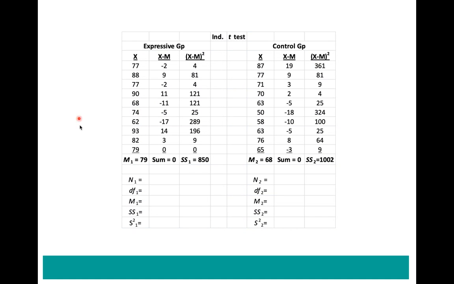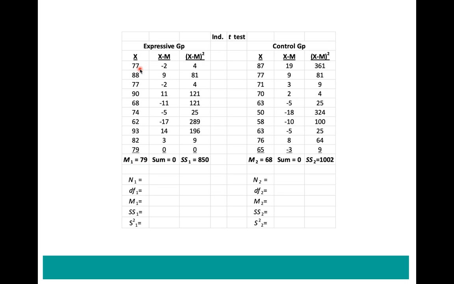Our next steps, and I've just gone ahead and done the math out so that we can take a look at it, are to do a sum of squares table for each group: one for expressive writers, one for the control group. Remember, in a sum of squares table, we find the mean, and then we take each value, each x, and subtract it from its own group mean.